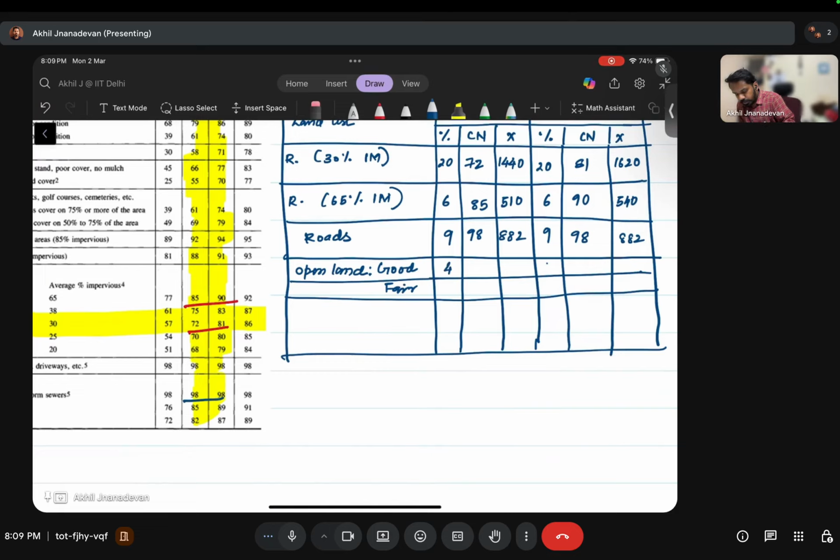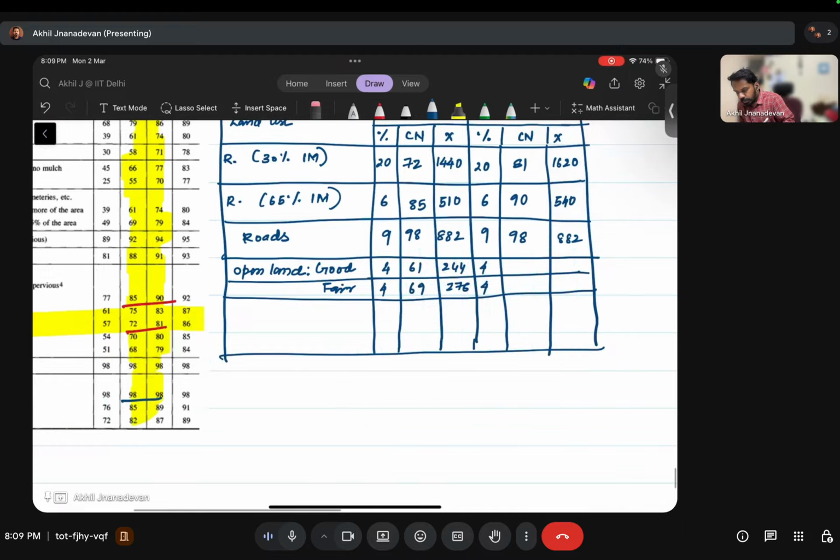This we can get from the table. 244 and 276 will be coming around, and similarly here it will be 74 and 79, the products will be 296 and 316.